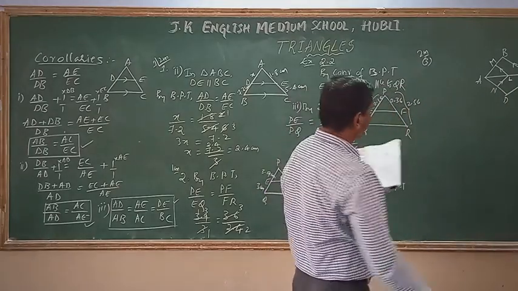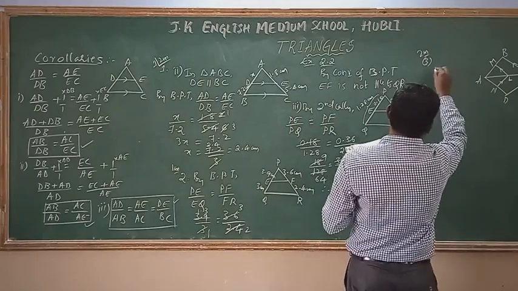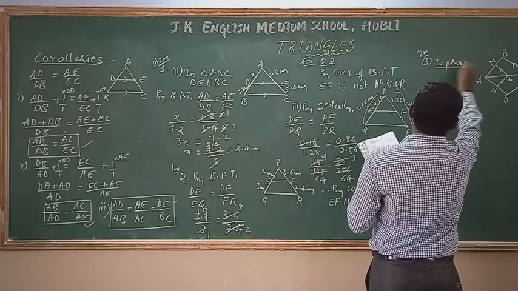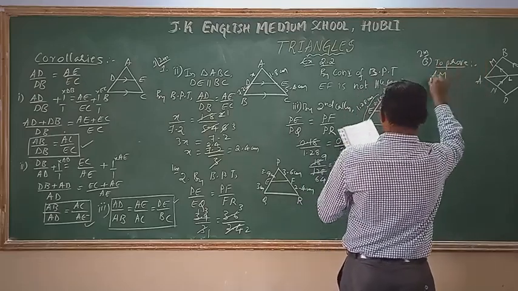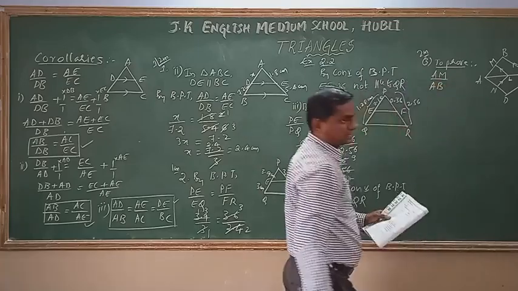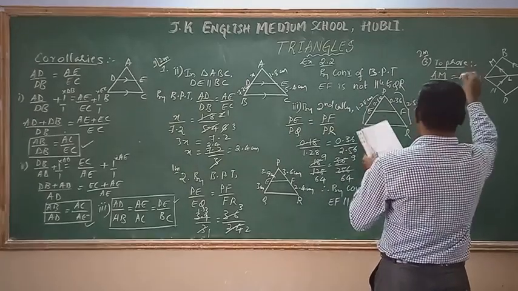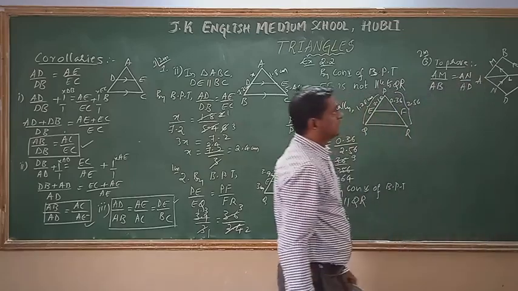Now let us write out what has to be proved. Here we need to prove that AM upon AB is equal to AN upon AD.